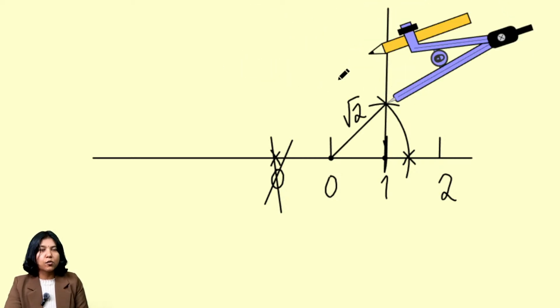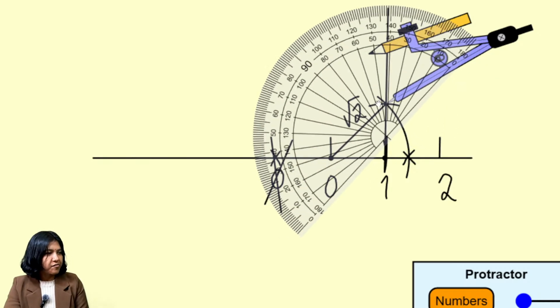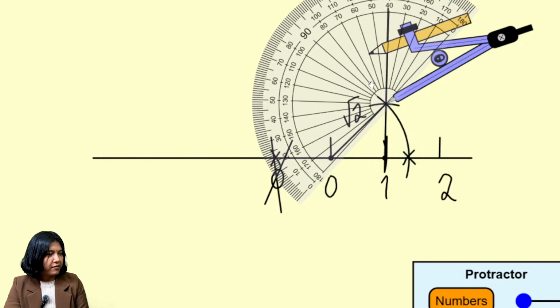Now to mark 1 unit, again you have to draw that 90-degree line, because you want the two lines to be perpendicular, and then we follow the Pythagoras theorem. So at this particular point, you will take your protractor and measure 90 degrees exactly from that point.